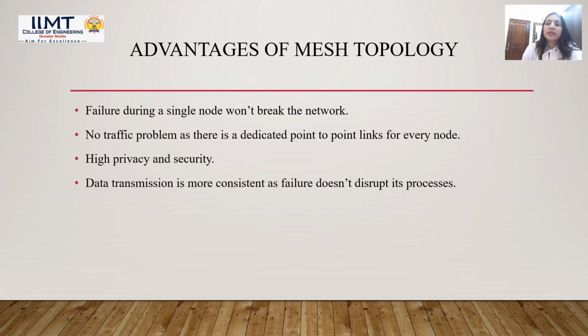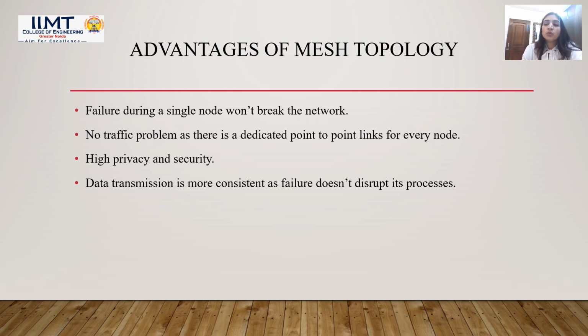Now we will explain some advantages of mesh topologies. First one is that mesh topology is more reliable as compared to the others, as if any single node breaks down, it will not affect the entire network. Next point is there is no traffic problem because dedicated paths or links are available for every node.